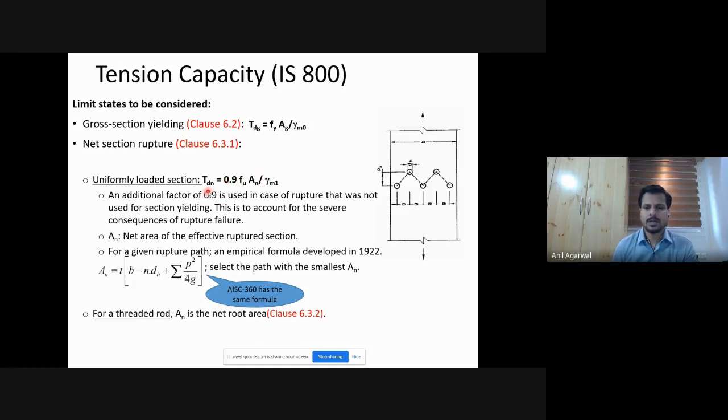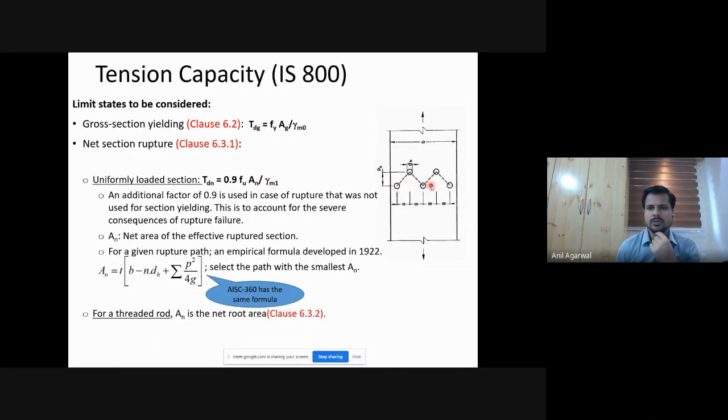Okay, the other limit state was the net section rupture, and the net section rupture plays a role when you have a non-uniformity in the cross section. Right? If you have a uniform cross section, then the net section rupture would not govern. So in case of a reduction in the cross section, you need to account for the holes or the reduction in the cross section.